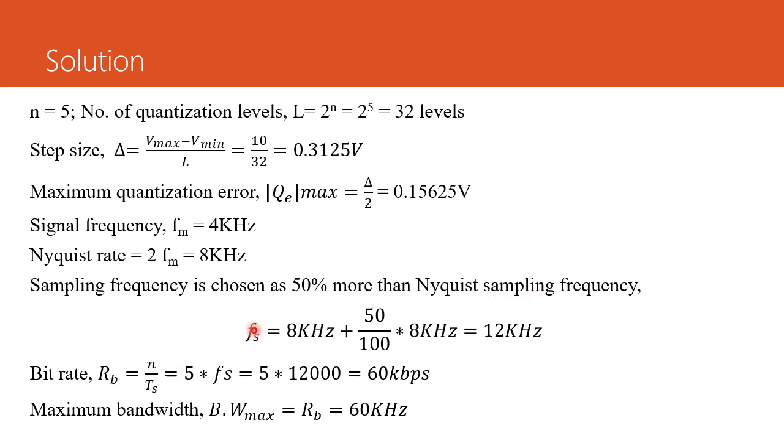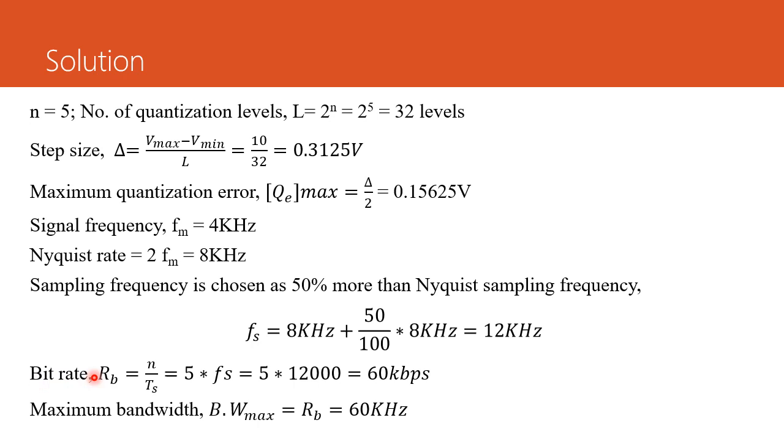So here sampling frequency Fs is equal to 8 kilohertz, that is the Nyquist rate, plus 50% more than your Nyquist rate. So it is 50 by 100 into 8 kilohertz plus 8 kilohertz, which is equal to 12 kilohertz.